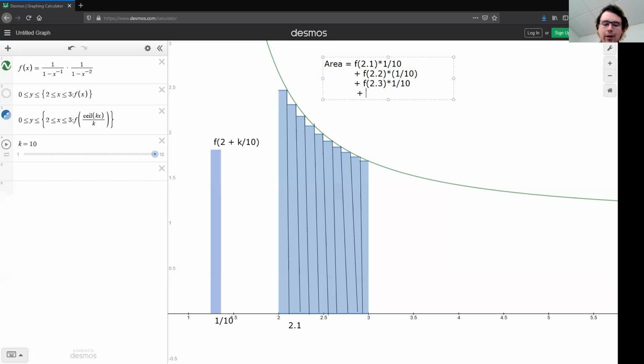And I could keep going here, f of 2.4 times 1/10, f of 2.5 times 1/10, and so on. But it's a lot faster to say that out loud than to type up this formula here. So the very last of these would be f evaluated at 3 times 1/10.